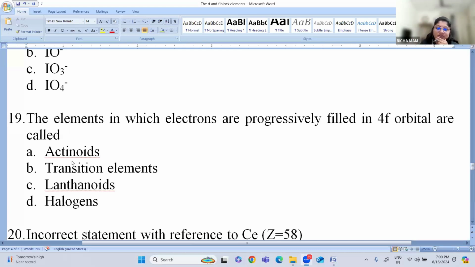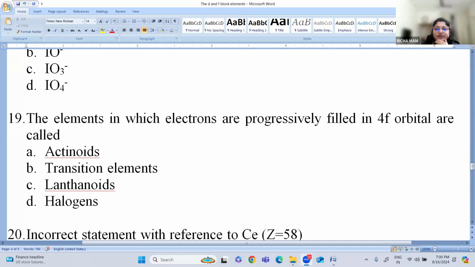Very easy question. When the electrons are filled in the 4f, very good Akhila, Sanjuta, Srivaruni, Umehani. It is C, lanthanoids.